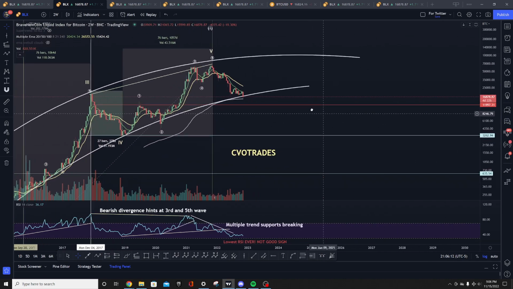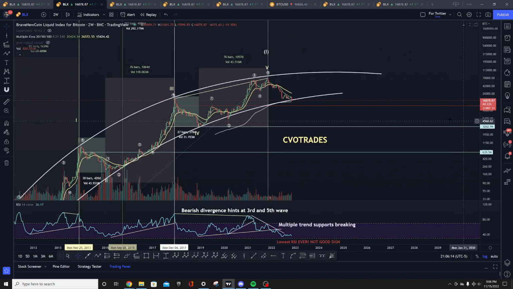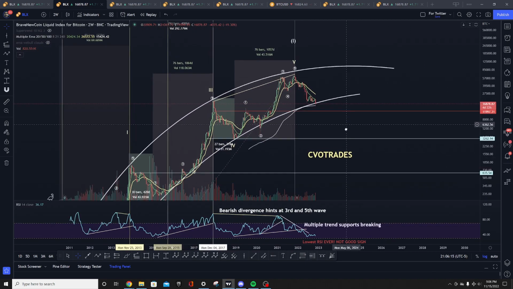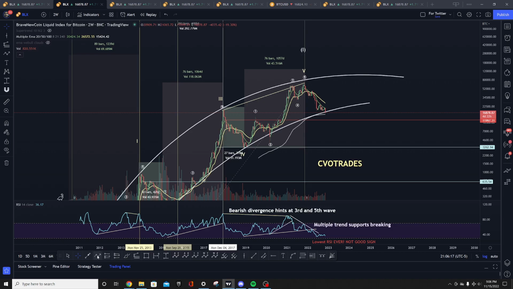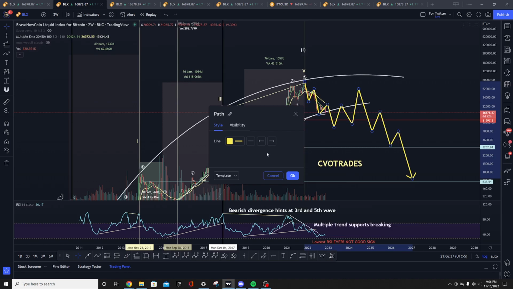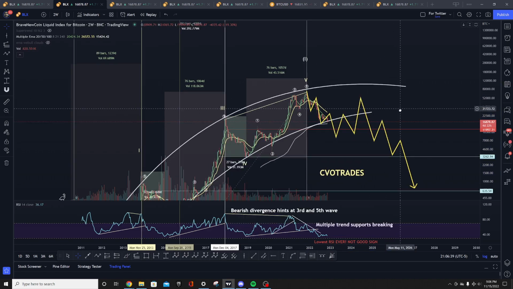If this is the case, then Bitcoin is fucked for a very long time, because if that's SuperCycle 1, then SuperCycle 2 would be a major correction. Let's say that's 5, get your 3 wave up, and then that would be your zigzag, and it'll probably take it to levels no one can even imagine.